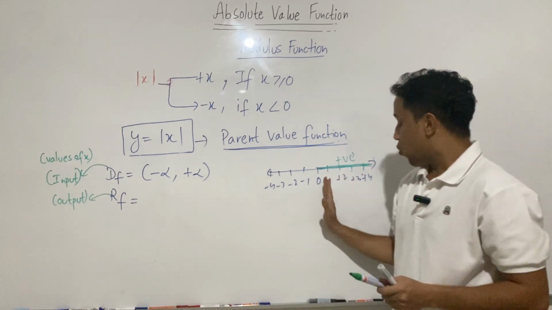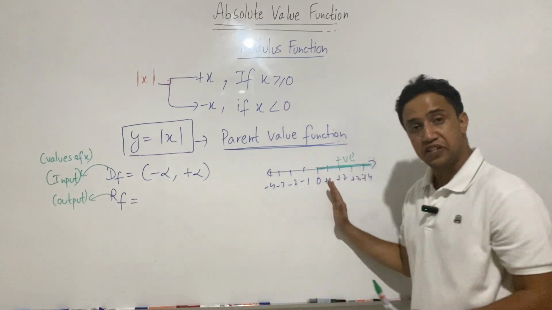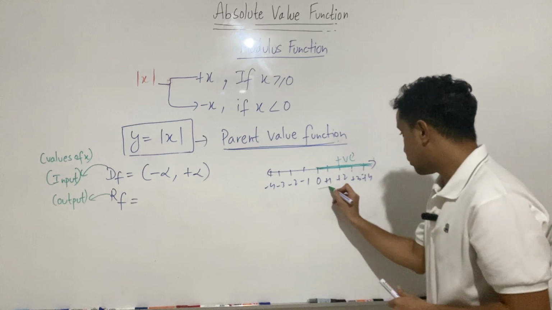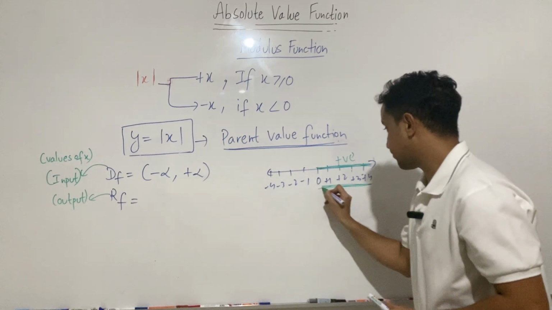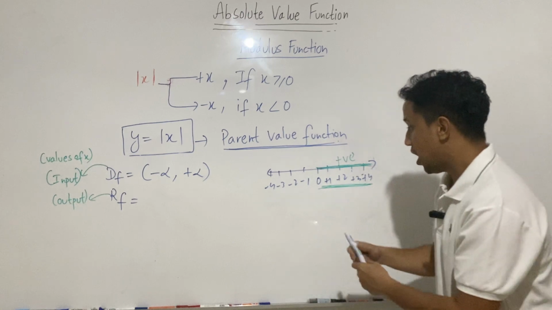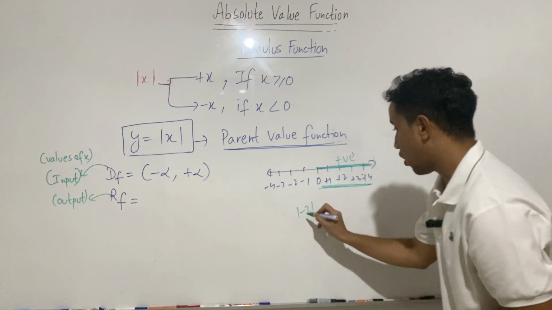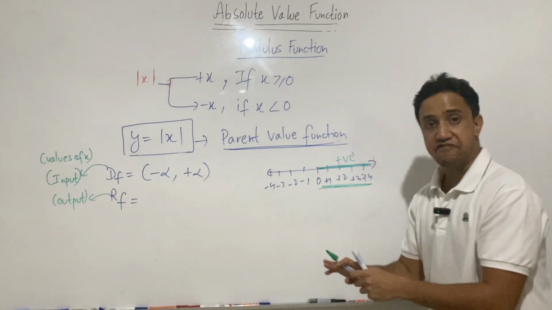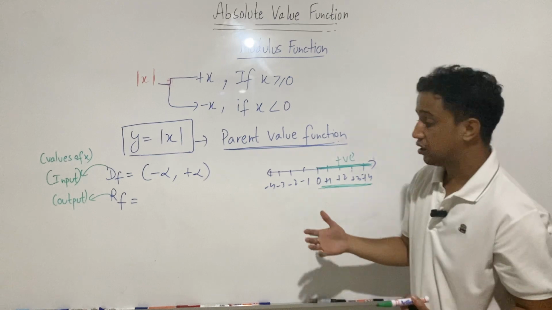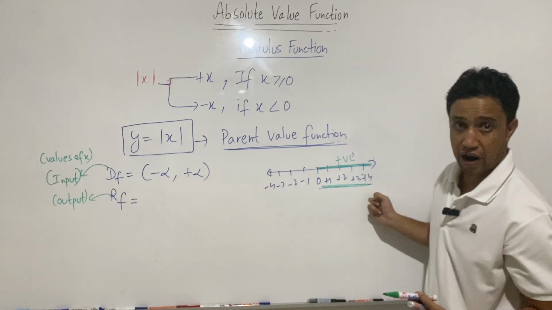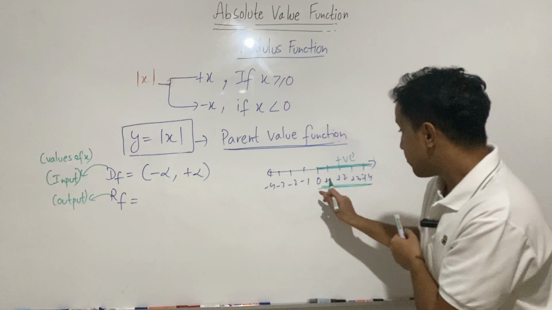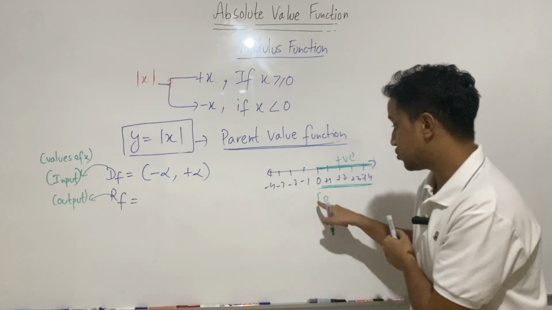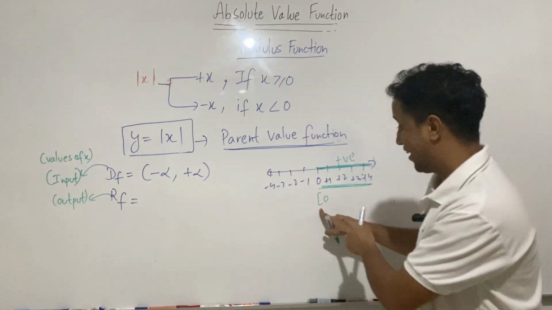And when you have negative integers as the input, still the output is going to be positive. For example, the absolute value function of -2 is 2. So even if my input is negative, I'm still going to get a positive output.